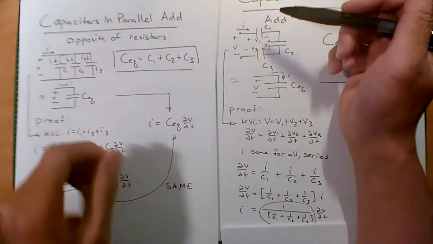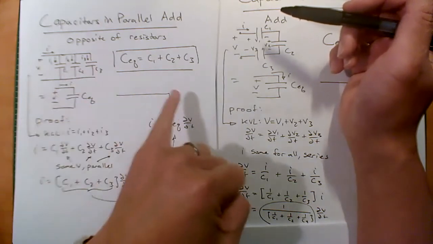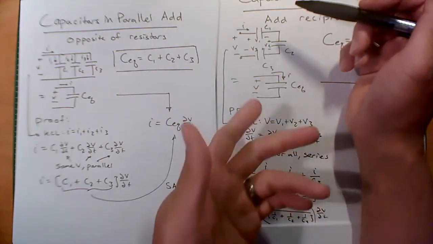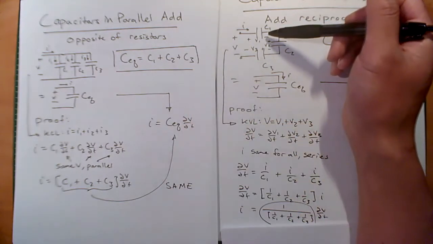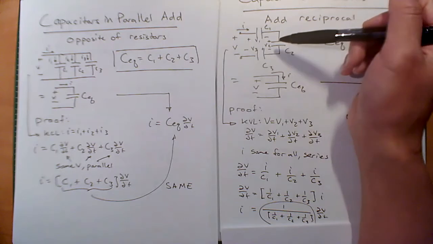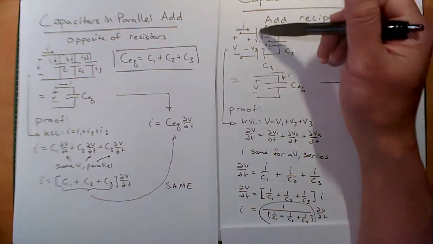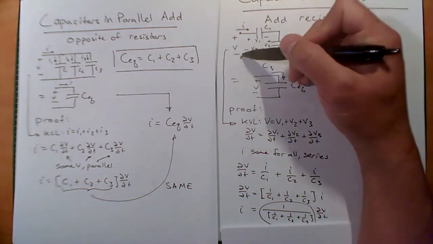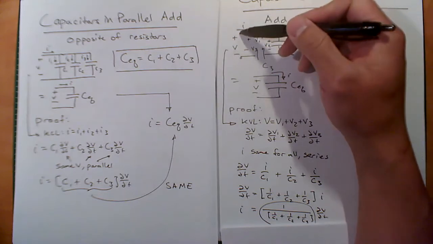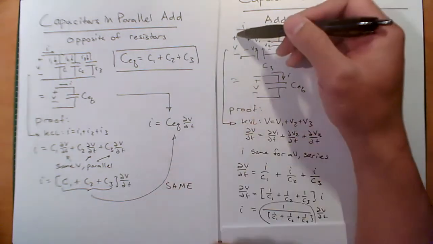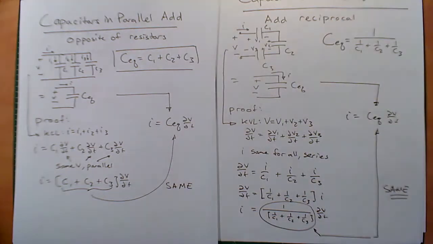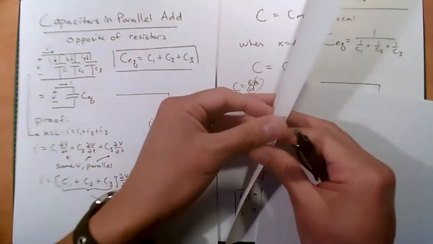Now, why would you put capacitors in series like this? Well, at the expense of decreasing your overall capacitance, what you might gain is the ability to apply a higher voltage to the capacitance. All right, so let's keep going.